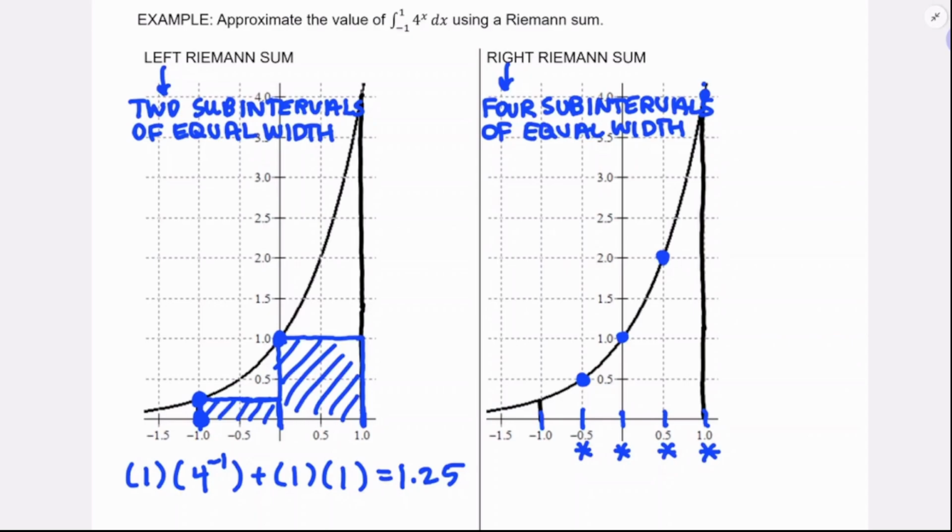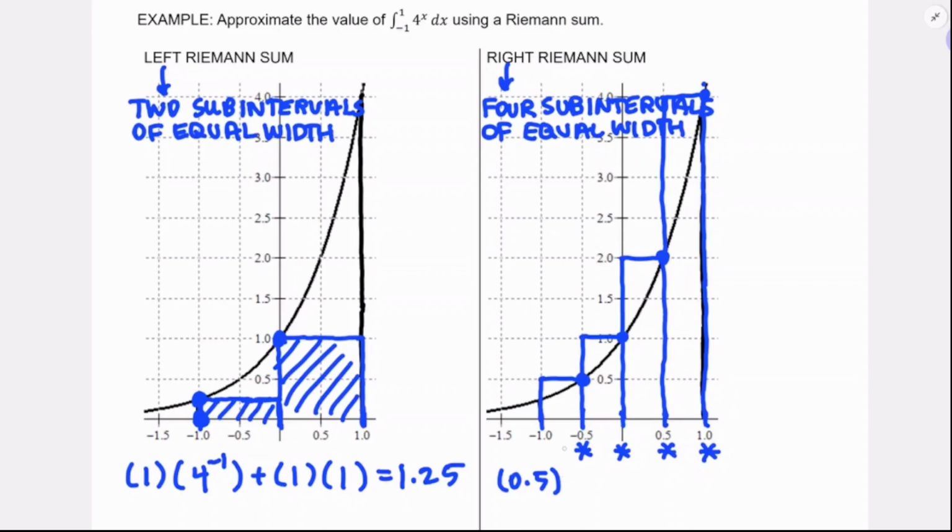Okay, so then I'm going to make my rectangles. Keep going, all right, and then I'm going to add those up also. Okay, and so each of them is going to have a width of 0.5.